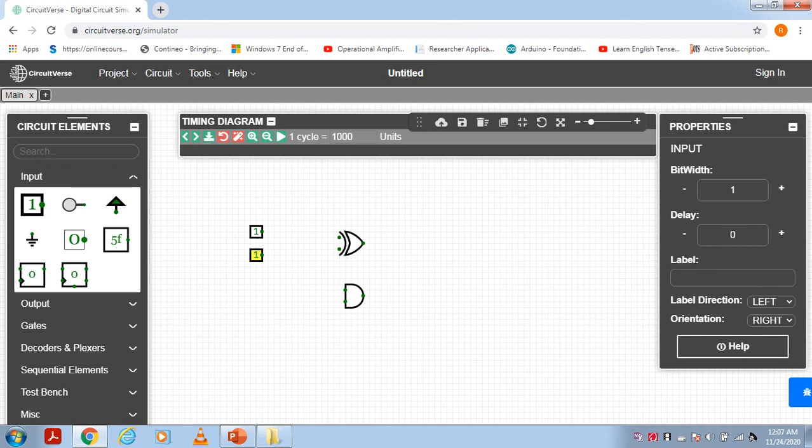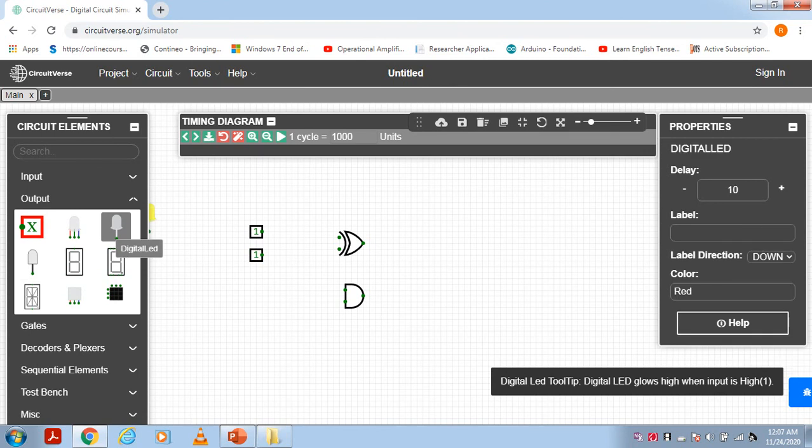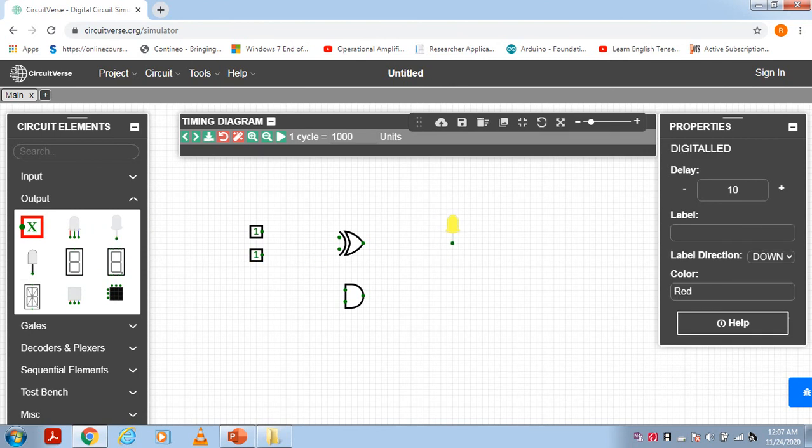Now I am going to check the output. So how to check the output? By using this digital LED. There are two outputs, so I am selecting here two LEDs. So how to give the connection? So for the XOR, so this is the half adder circuit, already we know.